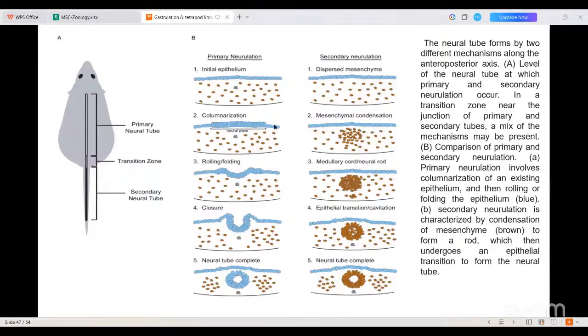Here, what I'm going to talk about is that neurulation is of two types: primary neurulation and secondary neurulation. Primary neurulation is how the neural tube is formed and how the closing occurs.